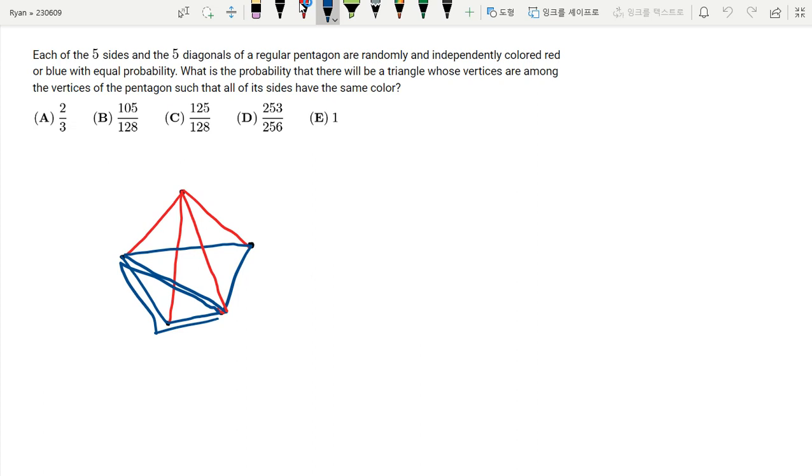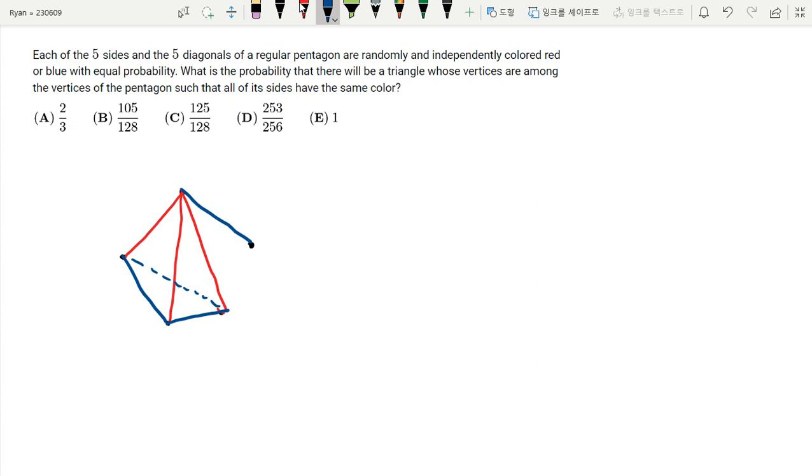So we need to reduce the number of colors from one vertex. Let's say it has three red and one blue, and we are trying to make all triangles having different colors. But once again here, this segment is still a problem.